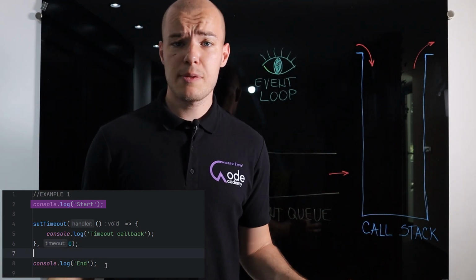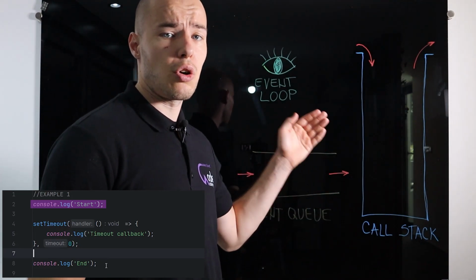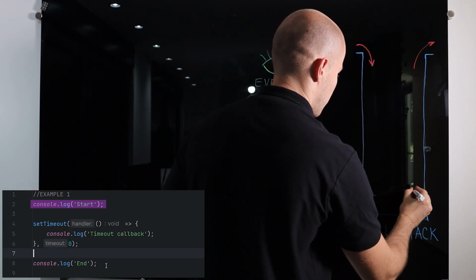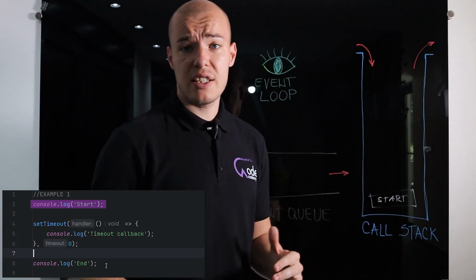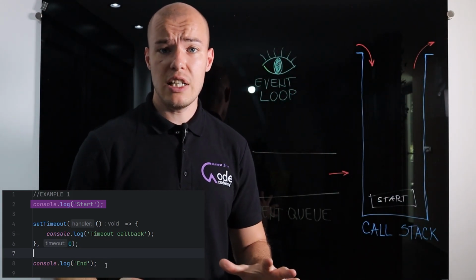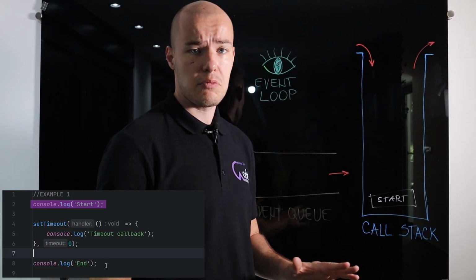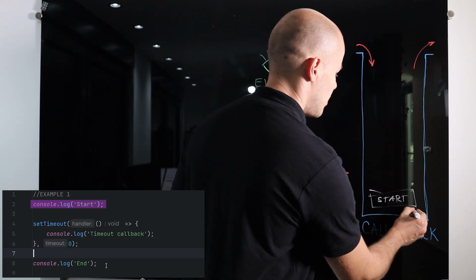And as you can probably guess, the first line is going to be pushed onto our call stack. So it drops from above and it drops down. So this right here is start. And because it's a very simple action, it gets executed right away, which means that it can again be popped off of our stack. So it will be done.